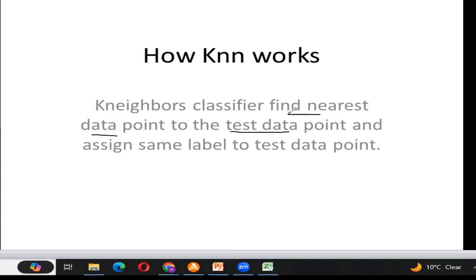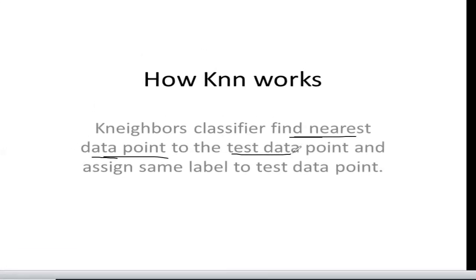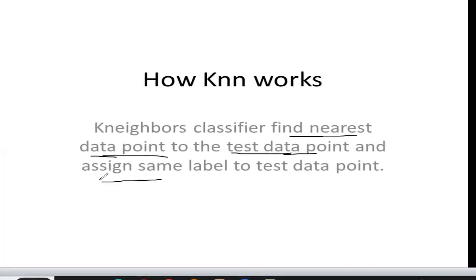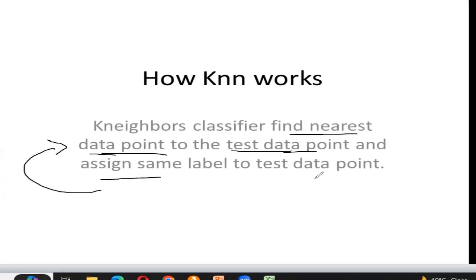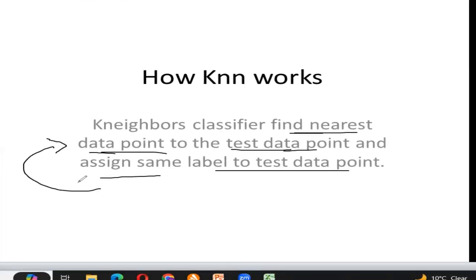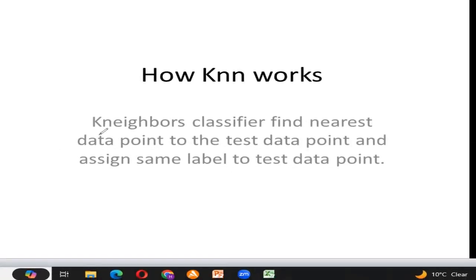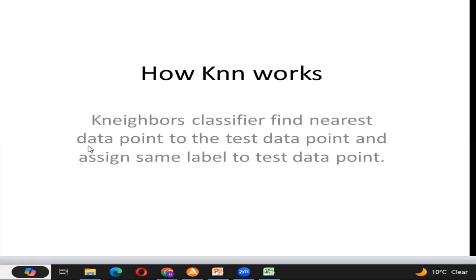It will find the nearest training data point to the test data point and assign the same label as that training data point to the test data point. I know it may seem complex, but let's discuss it in the next slide.